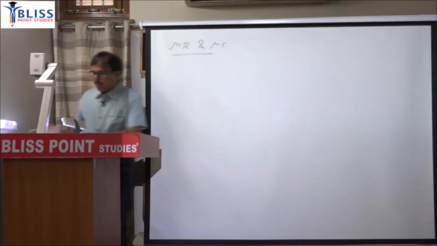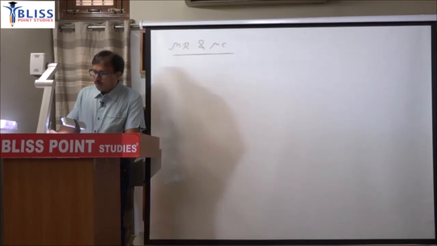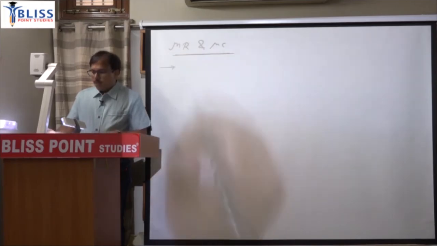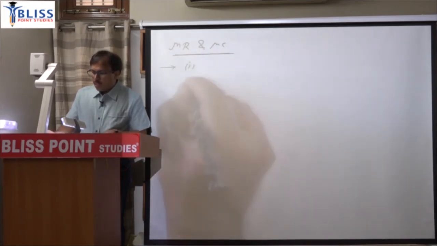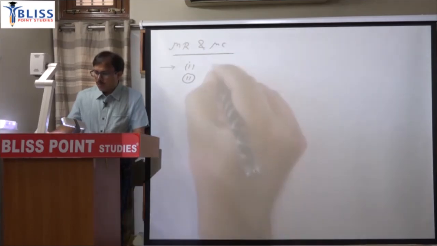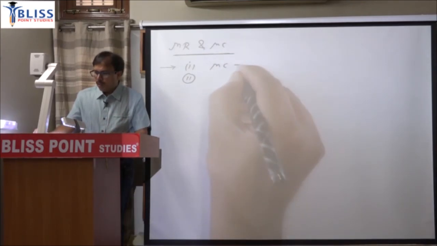Now follow the second approach, which is the MR and MC approach. In the MR and MC approach you have to write that first paragraph first: the profit of a firm gets maximized when the following two conditions are satisfied. You have written those conditions in technical note number 1.